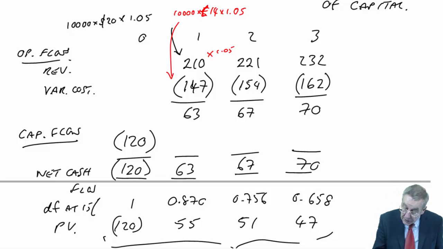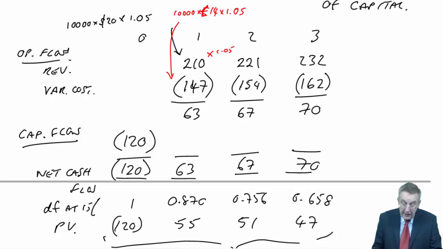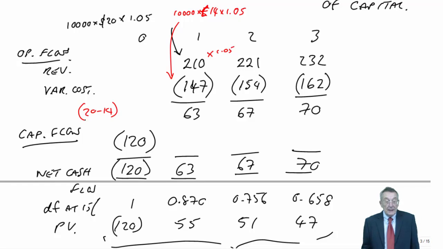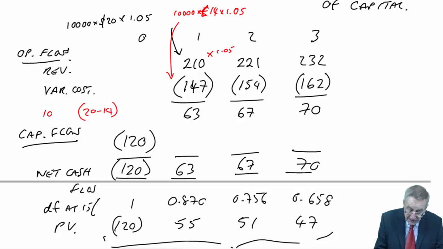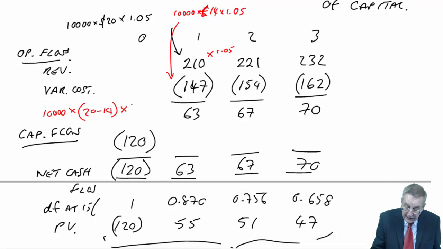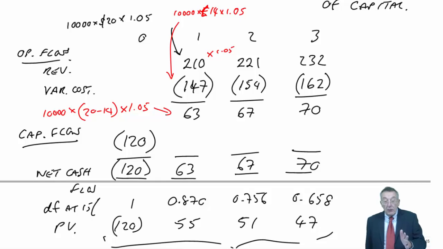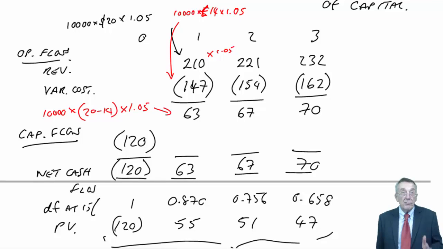What I could have done, but don't worry about this, it would save a few seconds, I could have said that at current prices, the net revenue per unit is 20 minus 14, so $6 a unit. There were 10,000 units, and because the 6 is at current prices, first year inflate at 5%, multiply it by 1.05, and of course you come to the same figure. So I could have saved a second or two, purely because they were both inflating at the same rate.